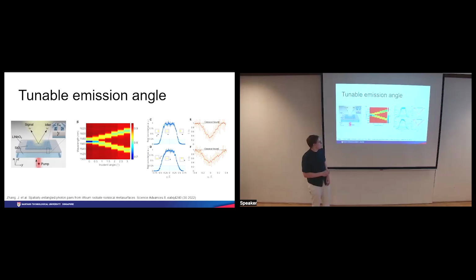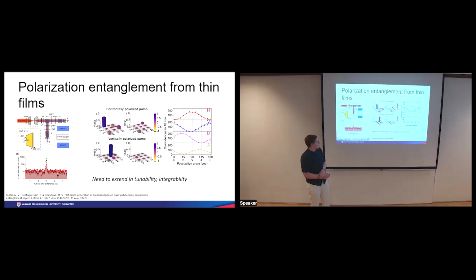This way they can show continuous variable entanglement from this kind of metasurface thin film source. And similarly, people have shown polarization entanglement. In this case, they used a very thin gallium phosphide layer, and they were able to show polarization entangled photons from this sample.